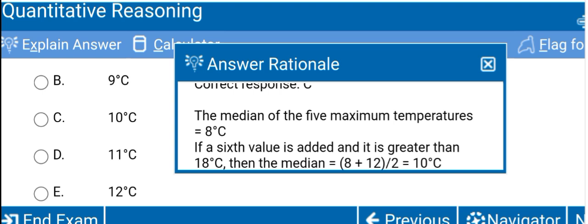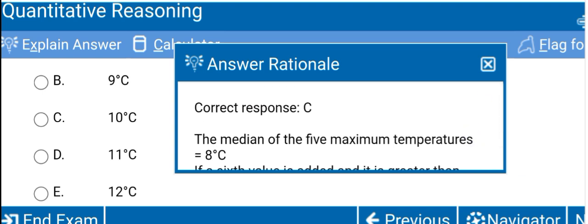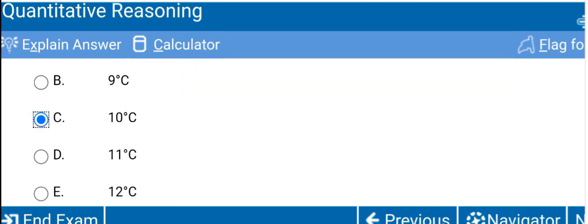So if a sixth value is added, and it is greater than 18 degrees centigrade, then the median equals 8 plus 12 divided by 2, equals 10 degrees centigrade. The correct response is option C, which is 10 degrees centigrade.